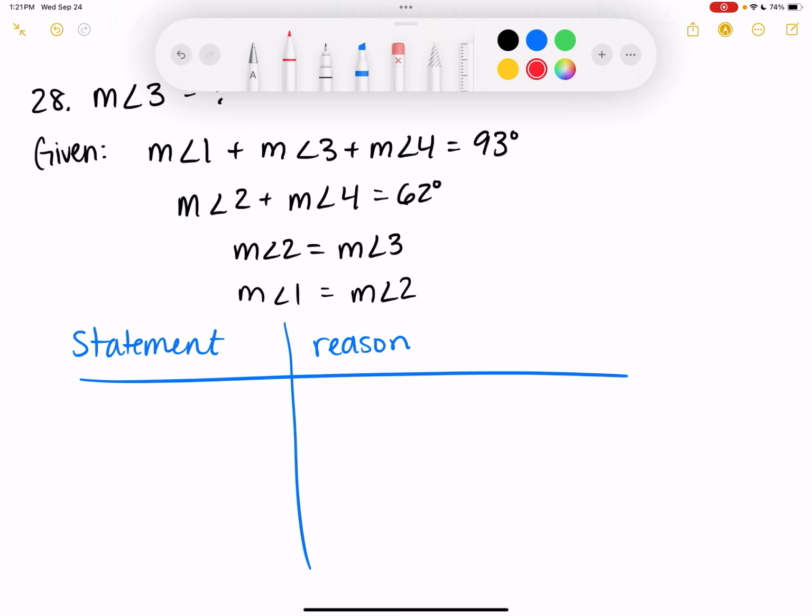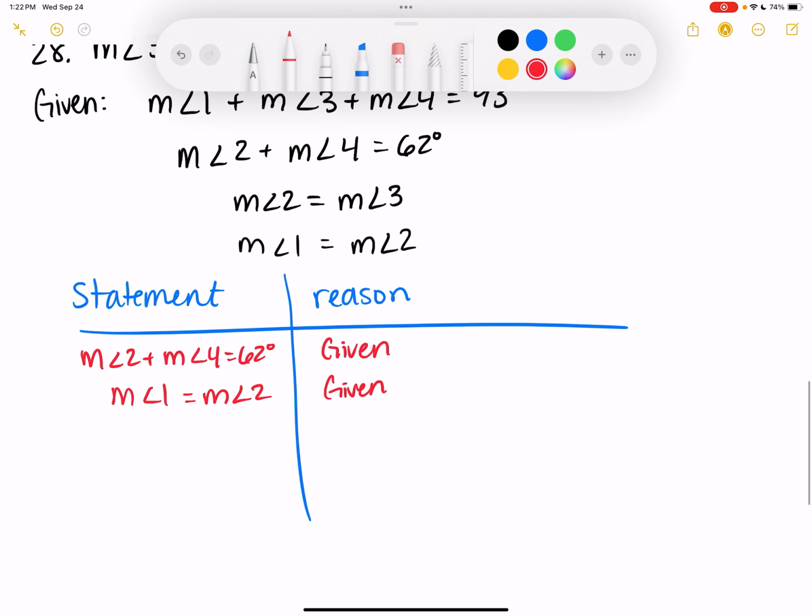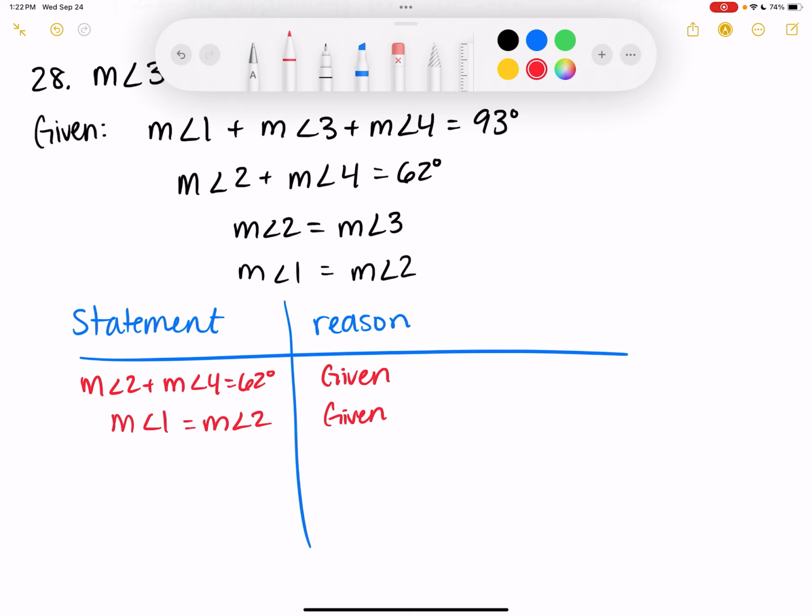So we're going to put the measure of angle 2 plus the measure of angle 4 equals 62 degrees. That's a given. Or actually, I'm going to save this one for last. I'm going to use this one first. The measure of angle 1 is equal to the measure of angle 2. That's also a given. The reason I'm saving the other one for the end is that ultimately this is what I'm trying to solve for. Not that I can't write it at the beginning, but it will probably not help me as much until I get to the end.